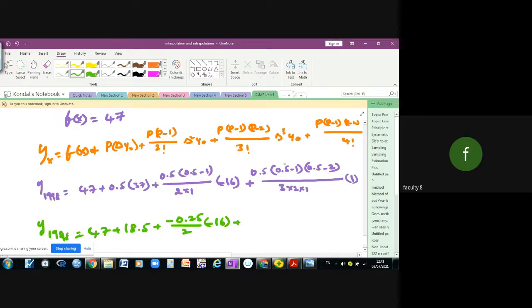Here you will get minus 0.25 into minus, right? Minus into minus is plus. So here 0.5 into 0.5, how much amount? 0.25 into 1.5. 1.5, how much will we get? 0.375.